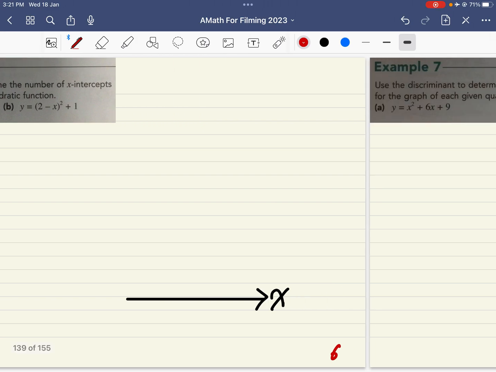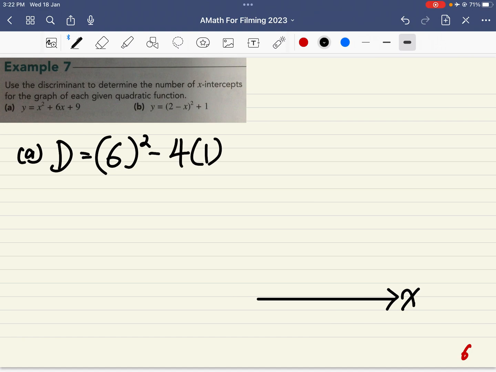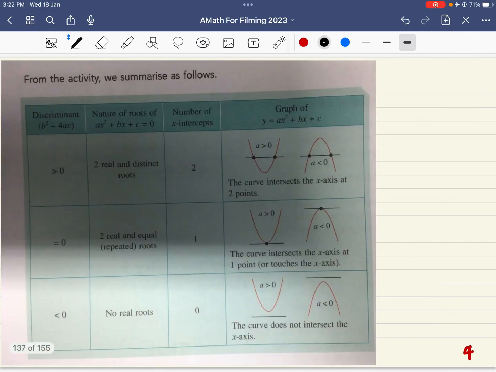Example 7 will be this. Use a discriminant to determine the number of x-intercepts for the graph of each of the given quadratic functions. So very quickly now, for part A, my discriminant D is equal to b squared minus 4ac. What I get is my discriminant is equal to 0. Straight away, you must be able to say that my discriminant equals 0.